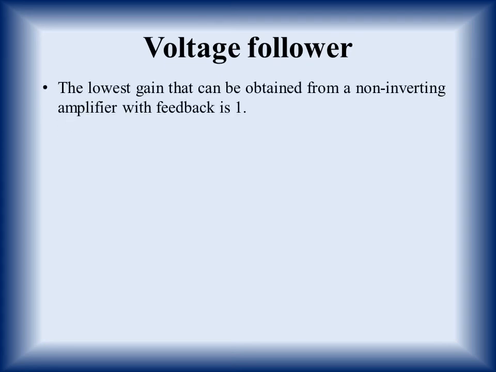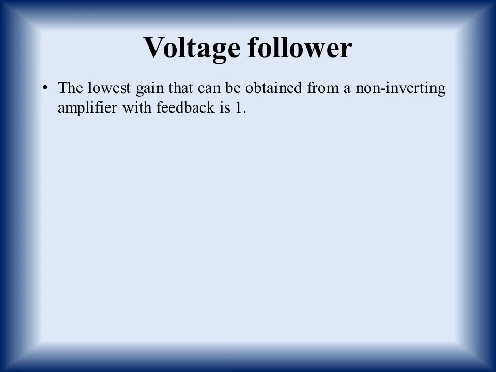Now we have discussed non-inverting amplifier with feedback. We will discuss its application in detail in further lectures, but one property of non-inverting amplifier is voltage follower. This we will discuss here. So what is voltage follower? Now if you remember the gain of non-inverting amplifier, it comes out to be AF is equals to 1 plus RF upon R1.